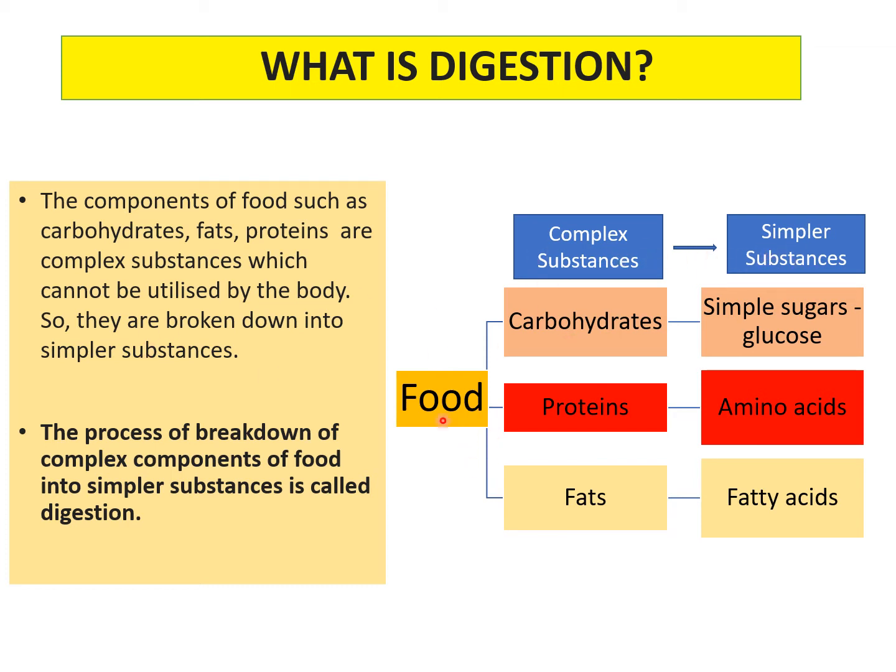For example, our food contains carbohydrates, proteins and fats. Carbohydrates are broken down into simpler sugars, proteins into amino acids, and fats into fatty acids. So the process of breakdown of complex components of food into simpler ones is known as digestion.